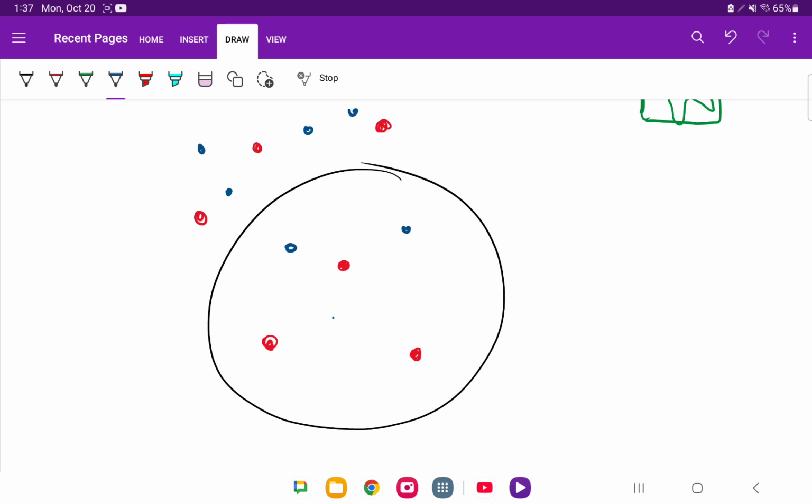But what I'm trying to represent is the fact that there are equal concentrations of solute inside this cell as outside this cell. That means the relative concentrations of solvent are also equal inside and outside the cell. So that means that you're not going to have water entering the cell or leaving the cell.